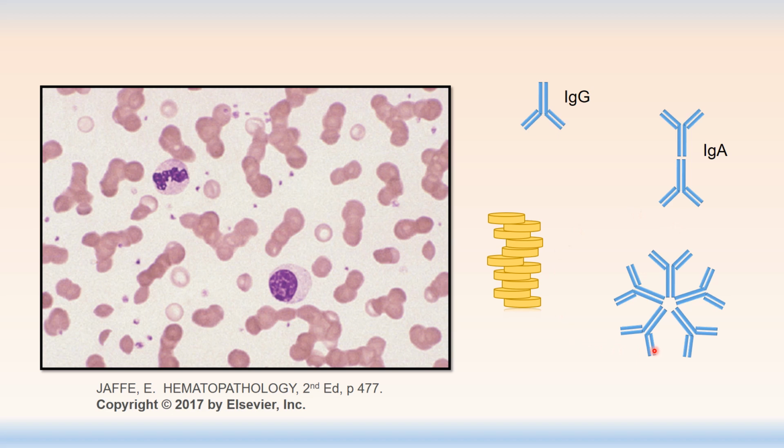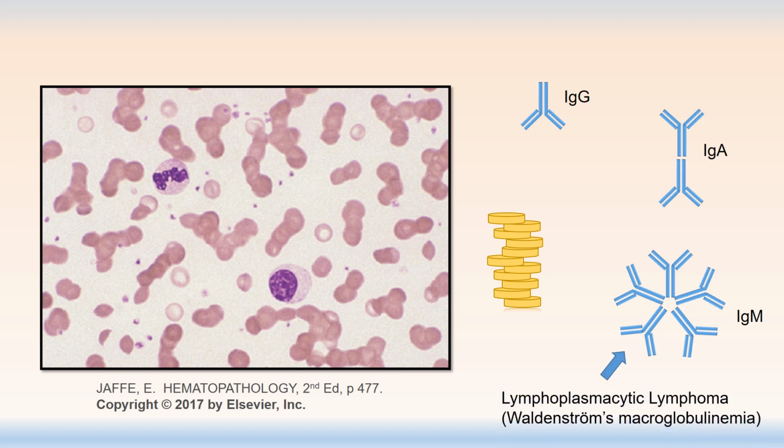But it's even more common when you get a pentameric antibody class, which is, of course, IgM. And we don't tend to see IgM in myeloma. We tend to see it in a different disease that I mentioned earlier in the talk, lymphoplasmacytic lymphoma with Waldenstrom's macroglobulinemia. All this is to say, even though rouleaux formation is classically associated with multiple myeloma, it actually isn't seen in myeloma as often as it is seen in Waldenstrom's macroglobulinemia.